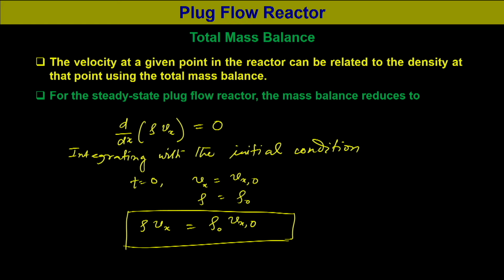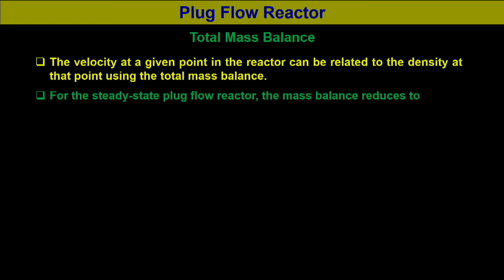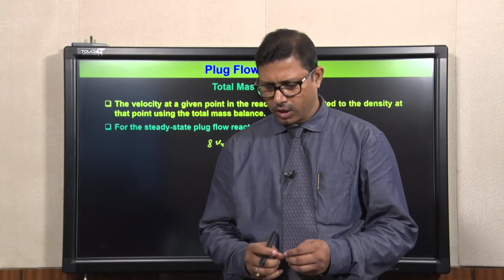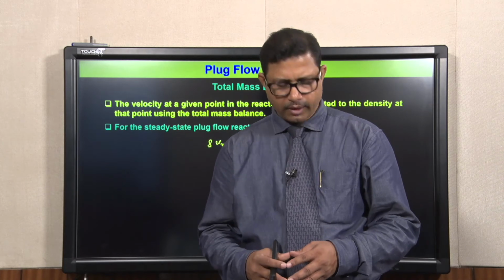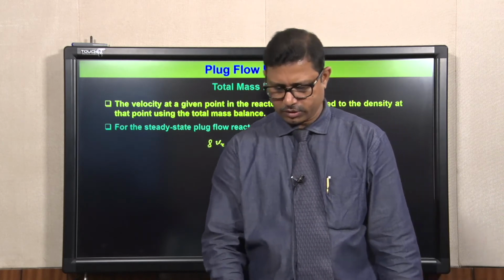Now, for the plug flow reactor, the local velocity. So, we have rho Vx is equal to rho naught Vx naught. Now, the local velocity can be computed using the ideal gas law using local composition and temperature. So, if we use the local composition and temperature, we can calculate the local velocity.